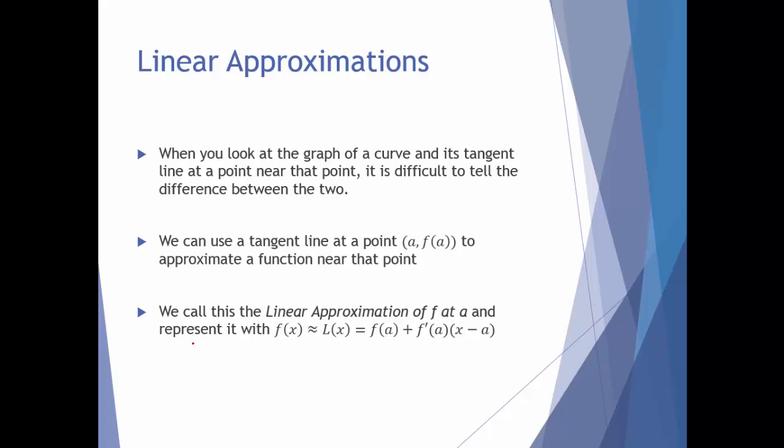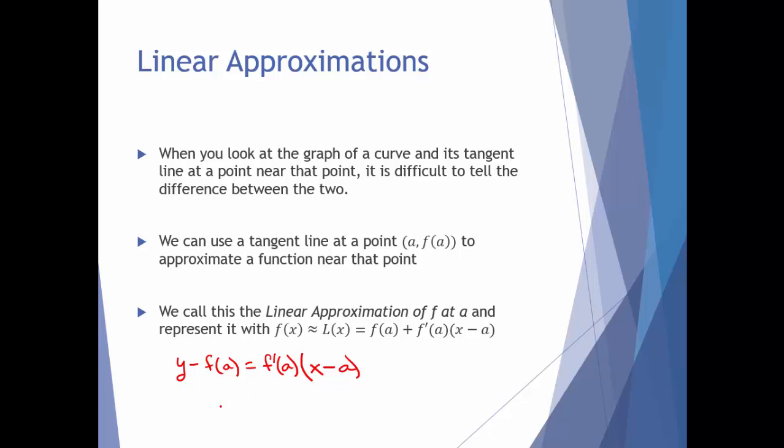Now don't get too wrapped up in the notation. Remember how we found the equation of that tangent line. We took y minus the y value, which was f(a), equals the slope of that tangent line. Remember, for the slope of the tangent line, we took the derivative and plugged in the x value, which we called a. So that's the slope of our tangent line, times x minus the x value, which is a.